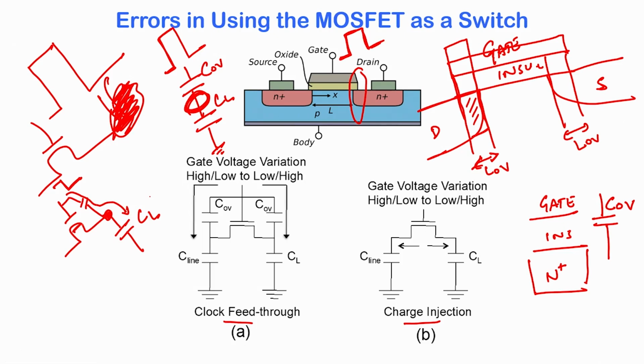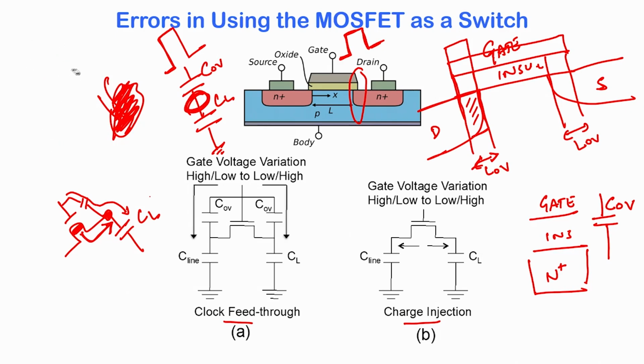But there is another error, and that is the charge in the channel will also exit the MOSFET and jump into this capacitor, and it will also corrupt the data on the capacitor. Now, which of these is a bigger problem? The bigger problem in some sense is the charge injection.